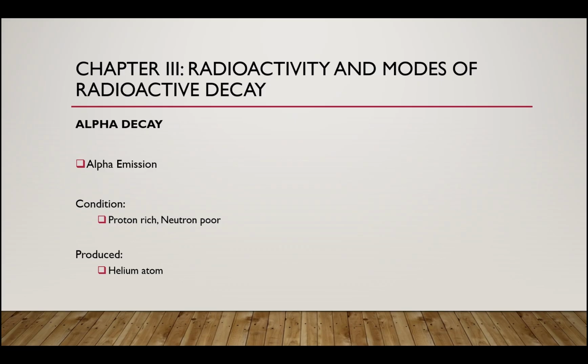So during this decay, the parent nuclide emits 2 protons and 2 neutrons, and that is equivalent to a helium atom. So for example, we have a parent nuclide with an atomic number of 95 and a neutron number of 100. So that means that it has an atomic mass number of 195.